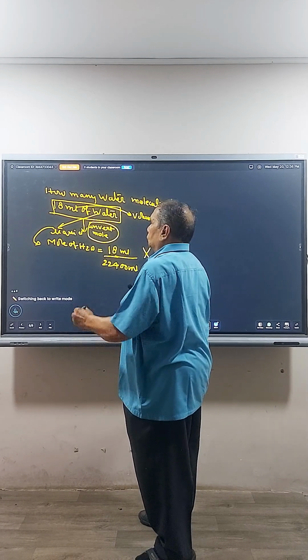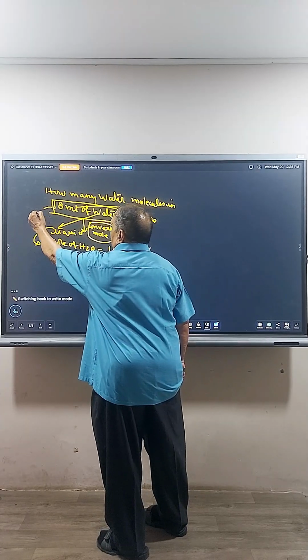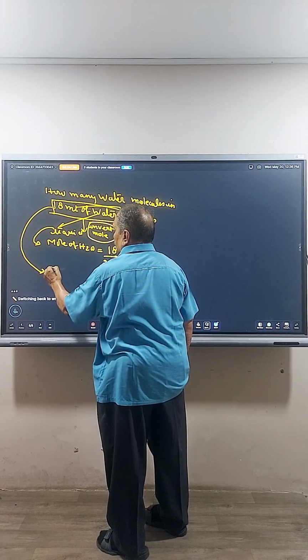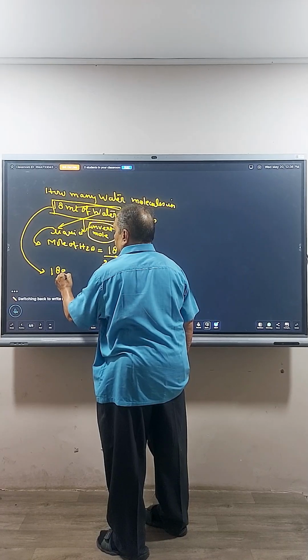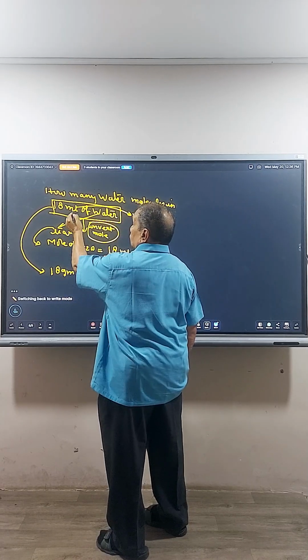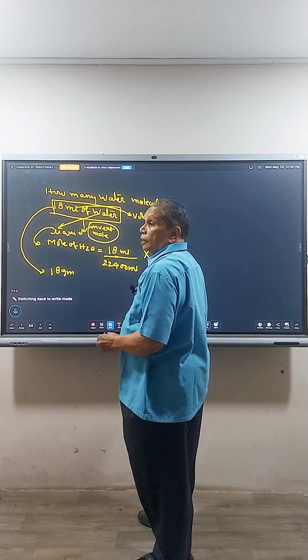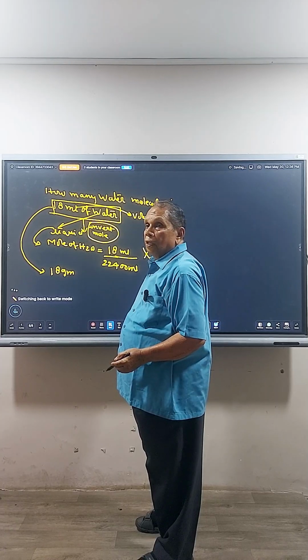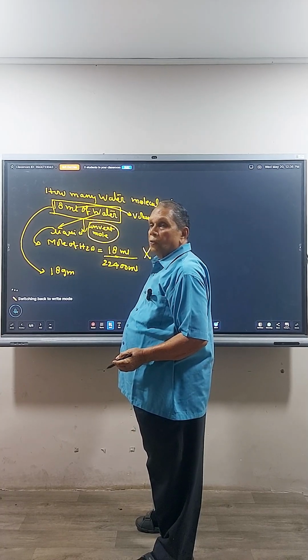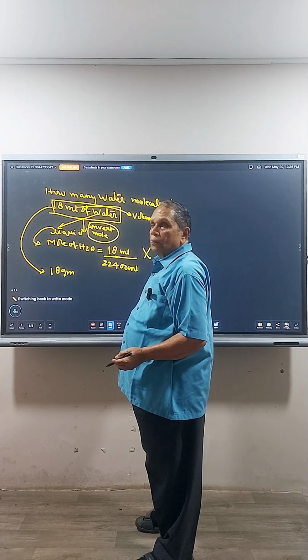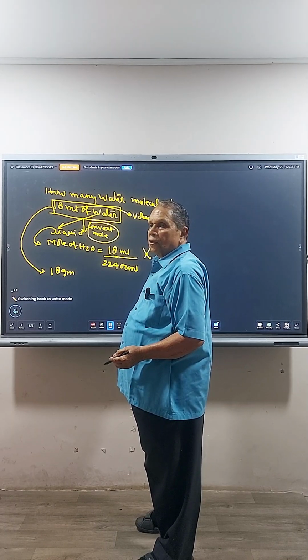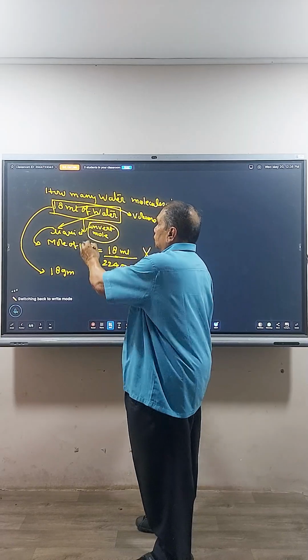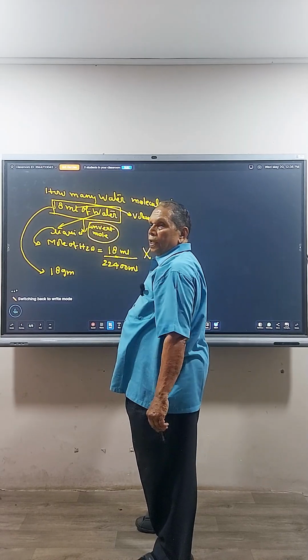So how do you do it? You do very easy, 18 gram water. Here it is ml. The examiner does not give you density, because every science student is supposed to know the density of water is 1 gram per ml. So 18 ml of water, you can write down 18 gram.